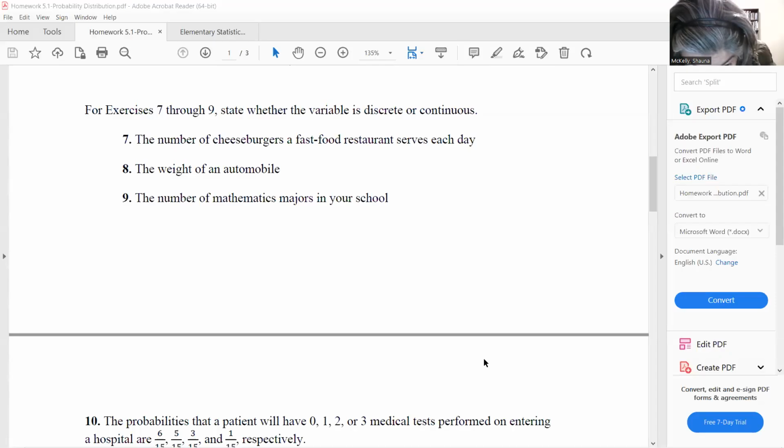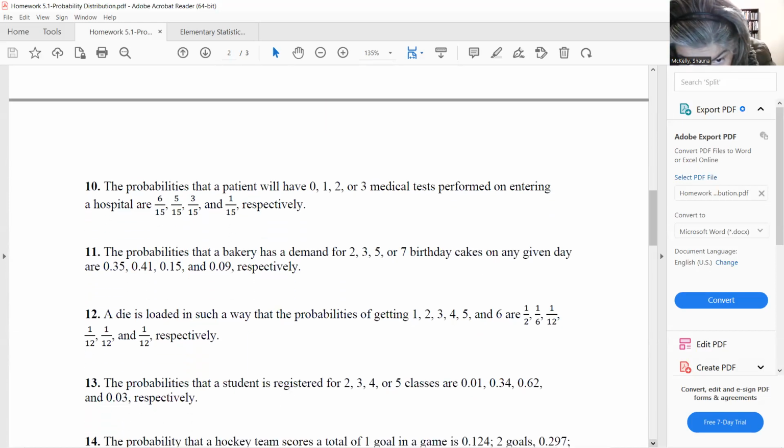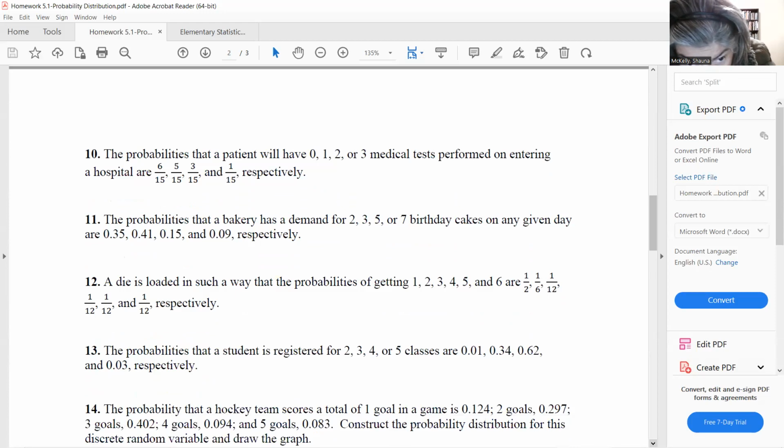And the probabilities that a patient will have 0, 1, 2, or 3 medical tests are 6/15, 5/15, 3/15, and 1/15, respectively. So what we want to do is actually construct the distribution, okay? So the probability that a patient will have 0, 1, 2, or 3 medical tests performed on entering a hospital.